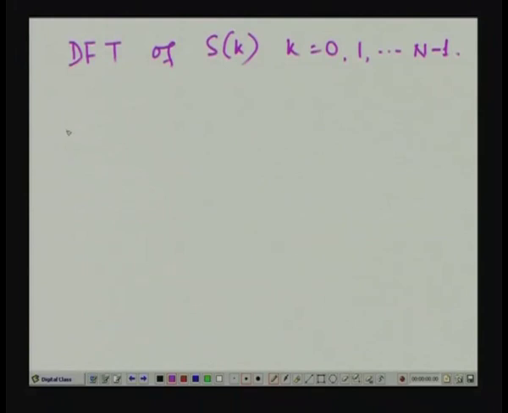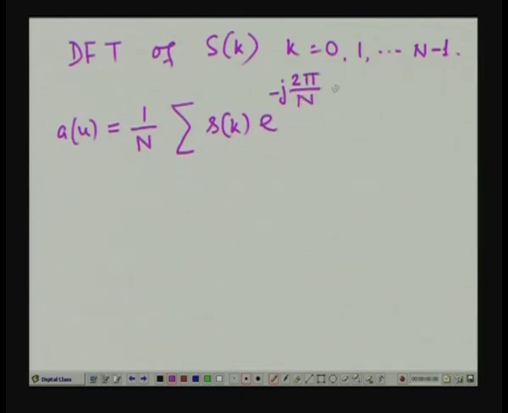I can write that expression as a u equal to 1 upon capital N, summation of sk e to the power minus j 2 pi by capital N uk, where k varies from 0 to capital N minus 1.